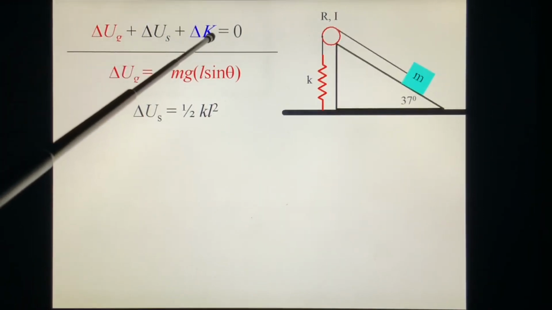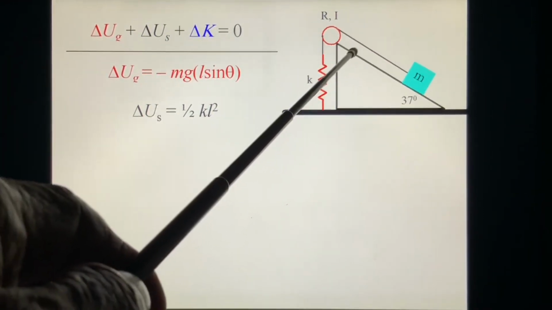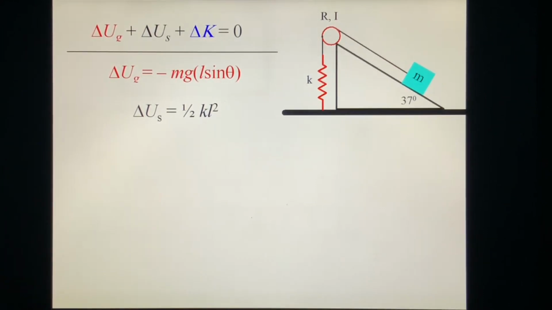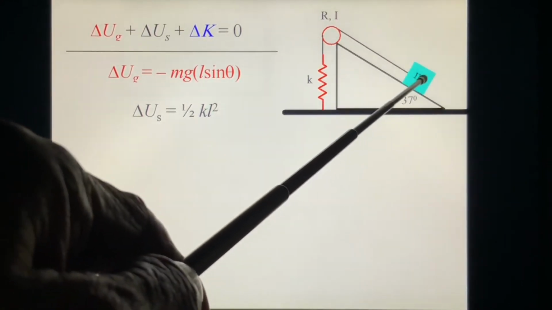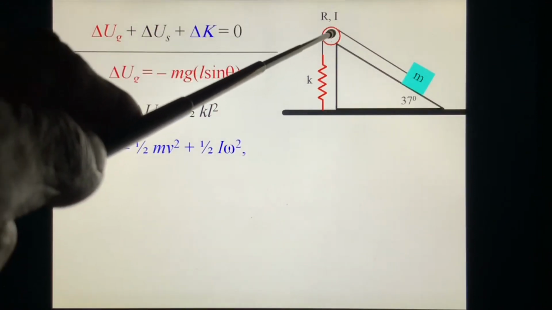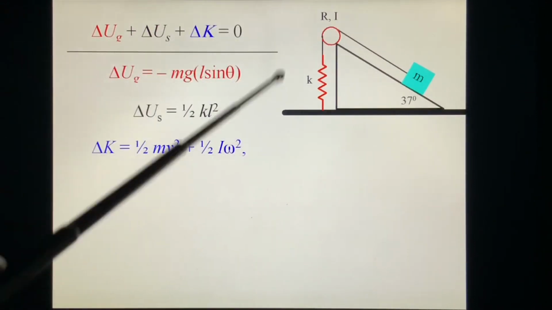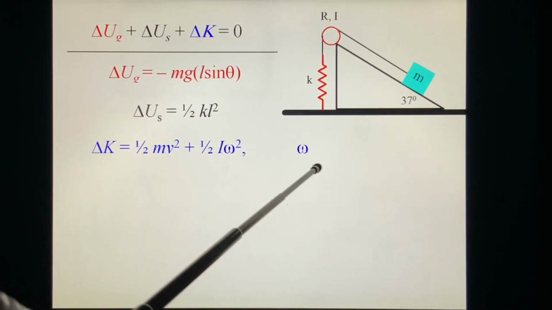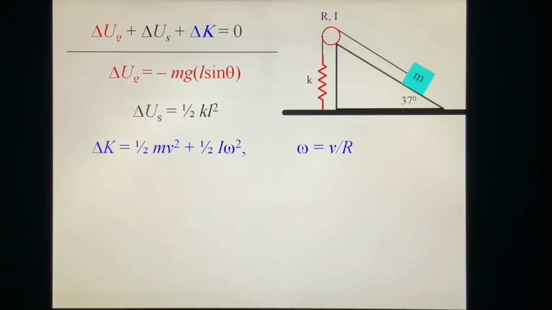And the kinetic energy originally at the beginning is 0. At the final, we have this one, half m v squared, and this one half I omega squared. And omega is equal to V over R. All right, then we get it. Then don't forget this term.